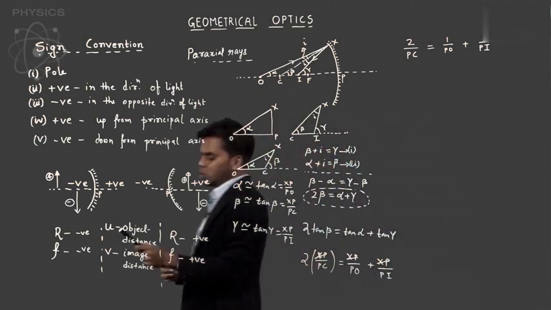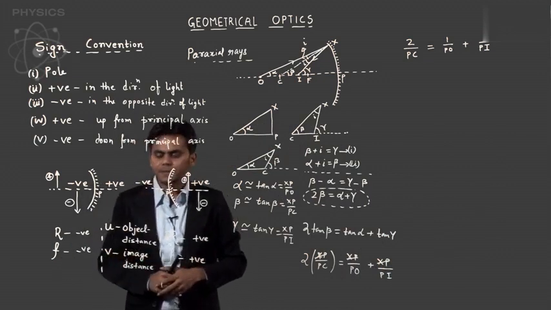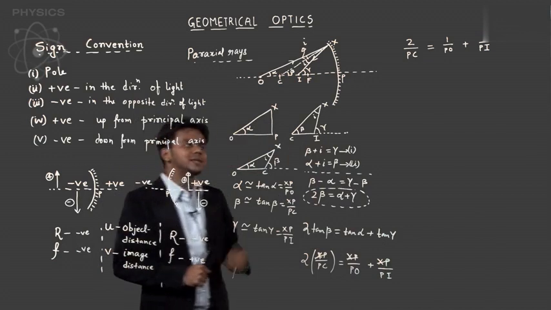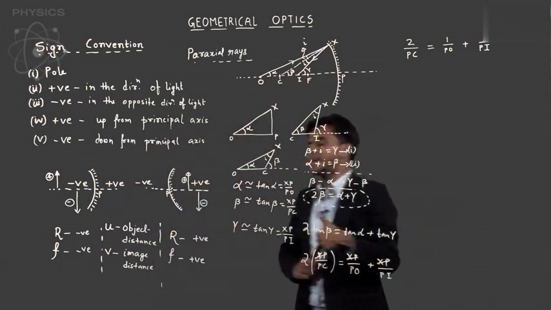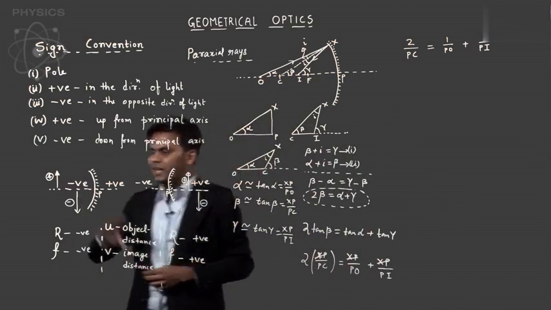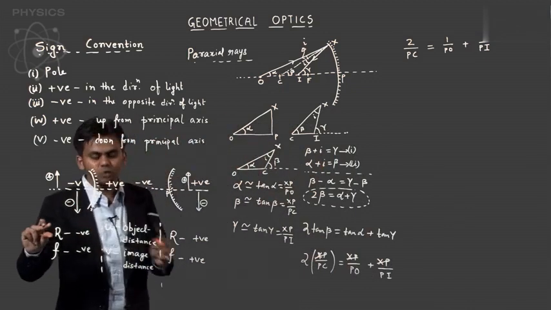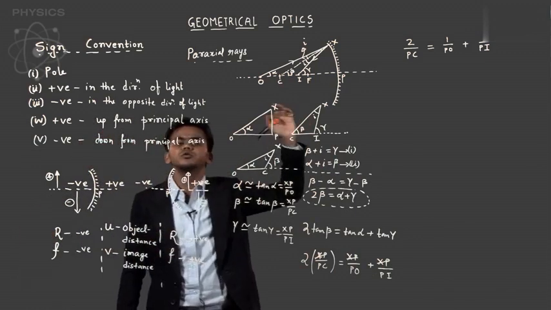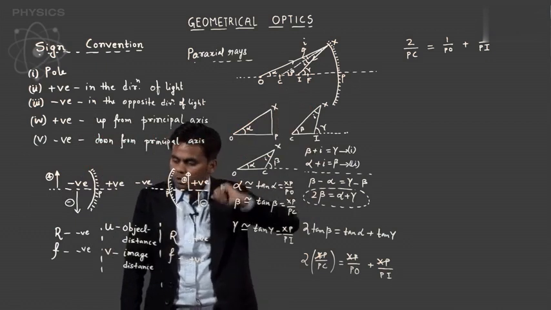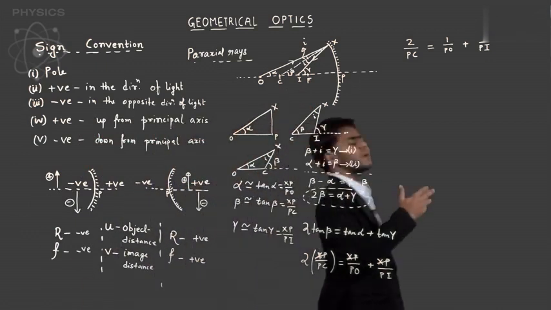Because this U, object distance, V, image distance, or R, the center of curvature, is always given with sign convention. And for a concave mirror, as we have taken in this situation, R is negative, U is also negative. I don't know about V, but this diagram says V would also be negative. So U, V, R all are negative, but PC, PO, PI are positive.